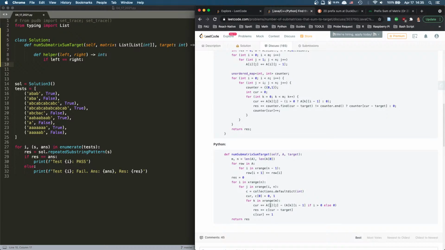So column K, J, okay, J is the column, A[K][J] minus A[K][I-1]. K is no, K is row. M is the number of rows. K is row, right? And I minus 1.